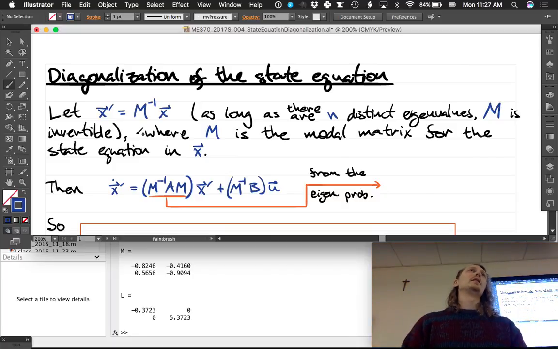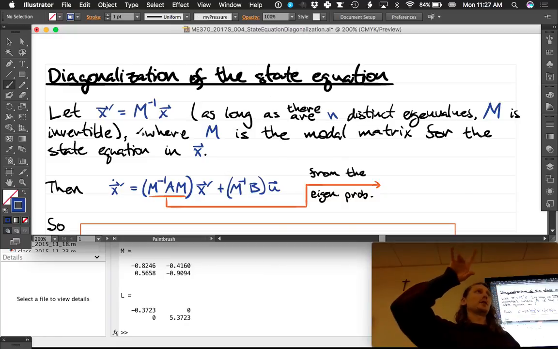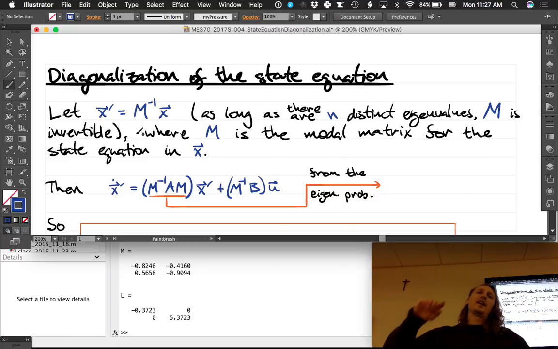Modal is a nod to vibrations concepts, which you haven't learned yet, but there are different modes. You learned in physics about modes. Like a string, you probably saw a string vibrate at its natural frequency, and you can actually see that happen. Depending on the length of the string and other parameters, you can get different modes to be excited, right? And that is where that concept of modal matrix comes from.